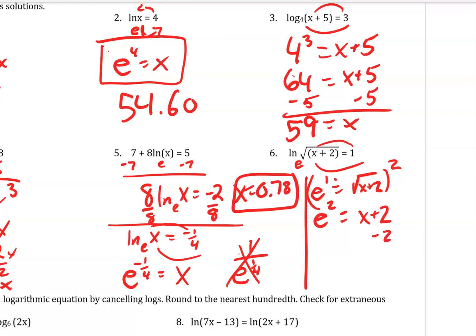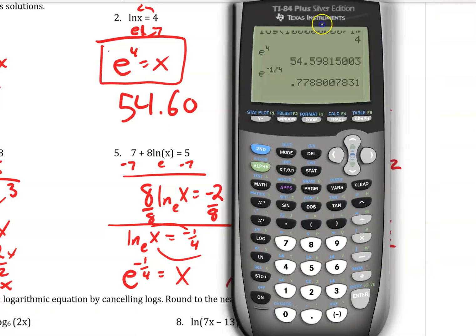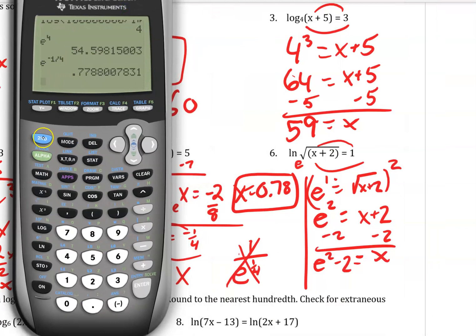So I'll subtract 2 from each side. So x equals e to the second power minus 2. Put this in the calculator. E to the second power minus 2.